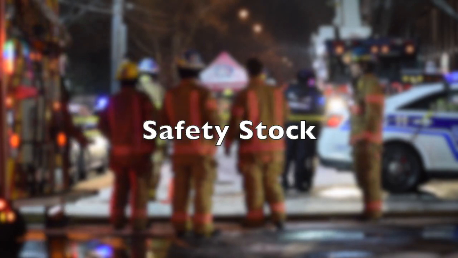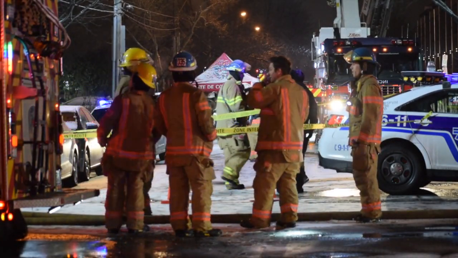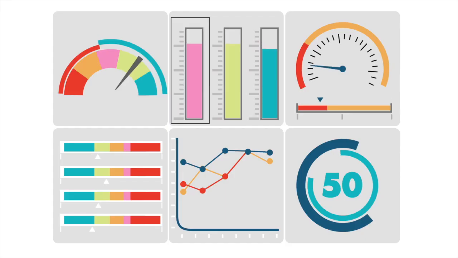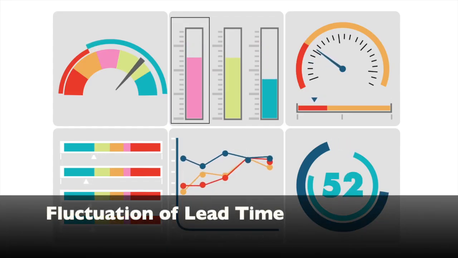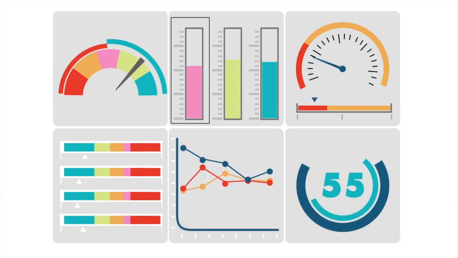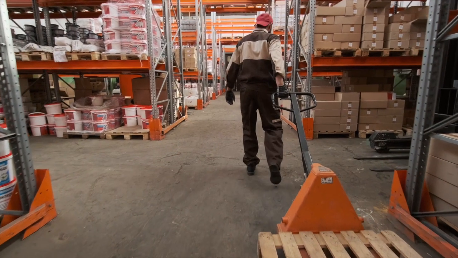Next is safety stock. This metric defines the quantity required to fulfill demand in case of unforeseen circumstances. It is the product of average daily demand times the safety days. Now the safety days depends on a few factors like possible fluctuations in lead time. You may know what could be the standard deviation of your lead time from the average lead time based on your previous experience. Next is stockout costs.